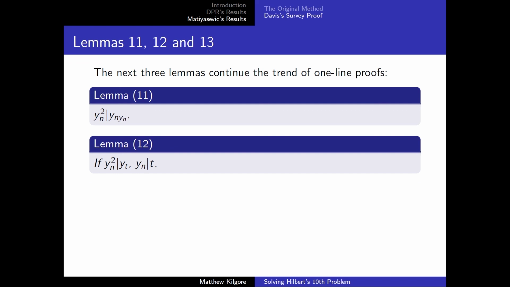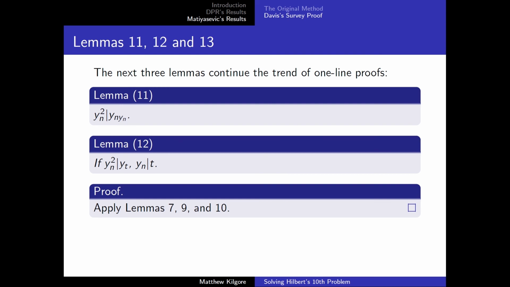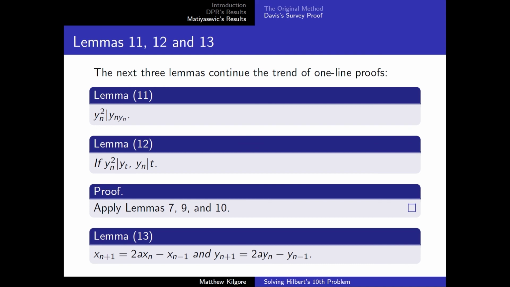The proof involves lemmas 7, 9, and 10. Finally, lemma 13 states that x_(n plus 1) equals 2a x_n minus x_(n minus 1), and y_(n plus 1) equals 2a y_n minus y_(n minus 1). Proving this, you basically take lemma 6, turn it into a system of linear equations, and reduce.